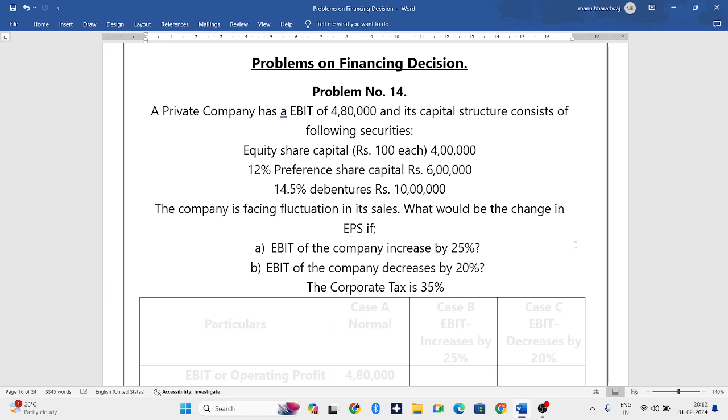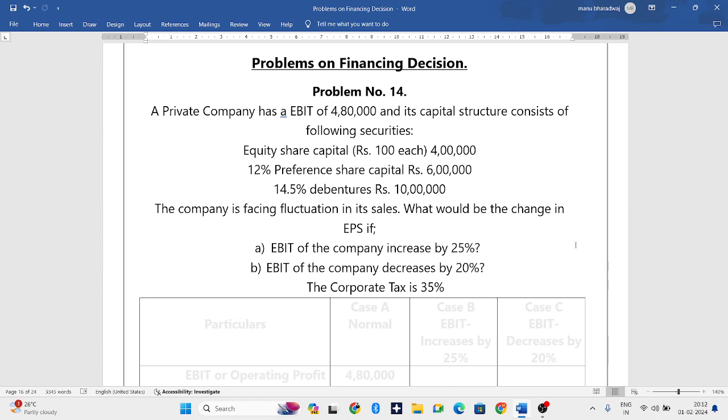It has an equity share capital of rupees 100 each, that is 4 lakh rupees. Then preference share capital, which has 12% dividend, that is 6 lakh rupees. And 14.5% debentures of rupees 10 lakh. So this is the capital structure of the organization.